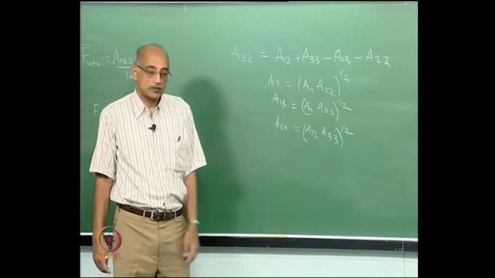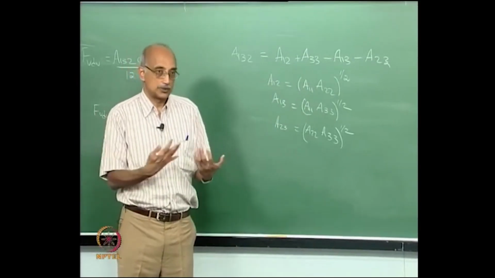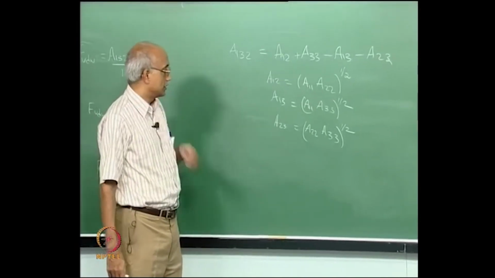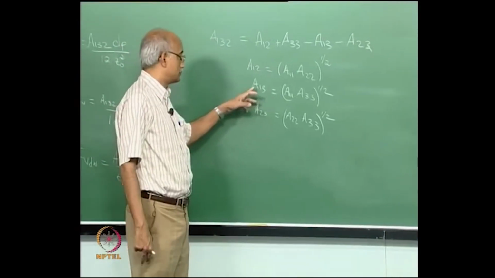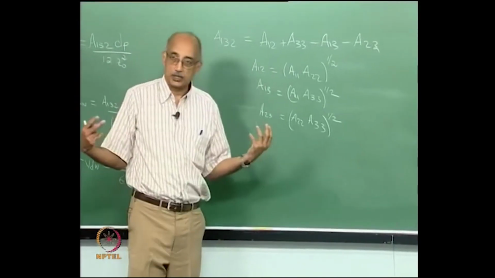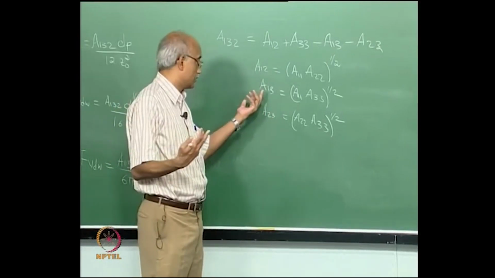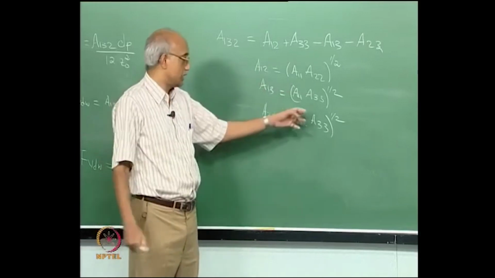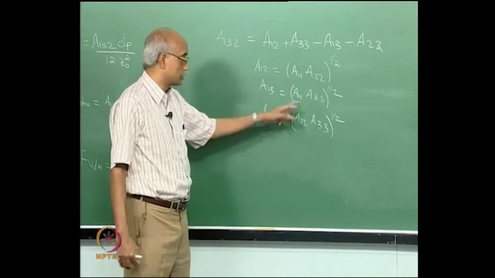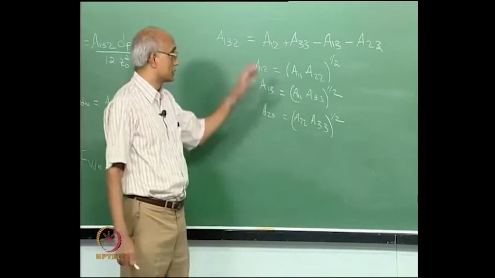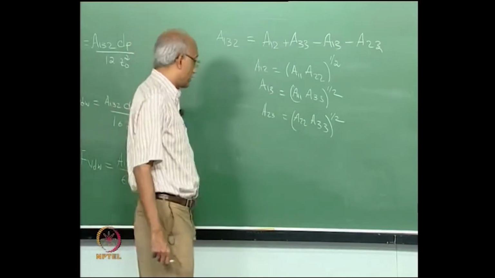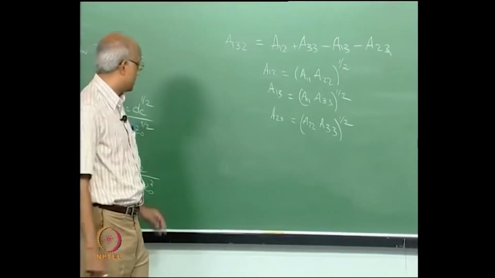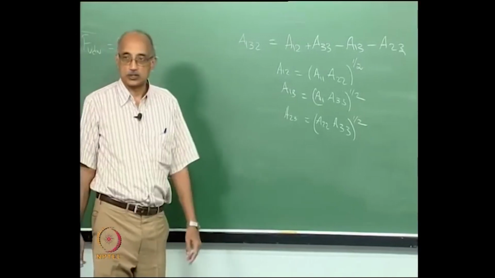A33 represents the Hamaker constant for bringing two molecules of the fluid together, and A13 is then the Hamaker constant associated with bringing a molecule of 1 and a molecule of 3 together, which is taken as the square root of the individual Hamaker constants. So, you can calculate the associated Hamaker constants using these rules, and then you can proceed to estimate the van der Waals forces of adhesion.